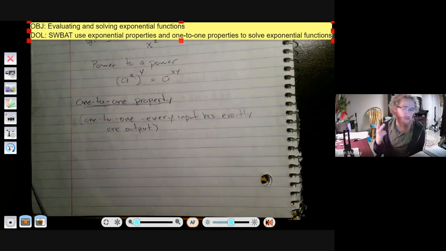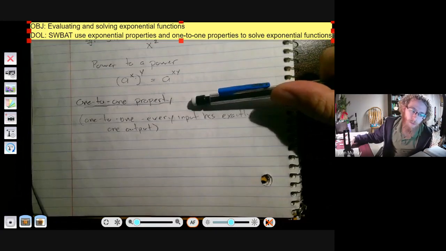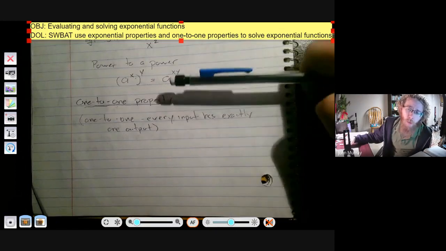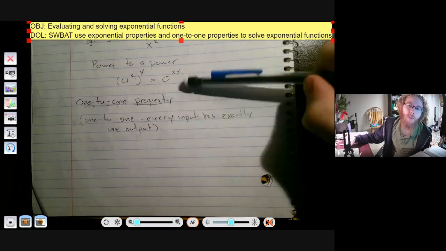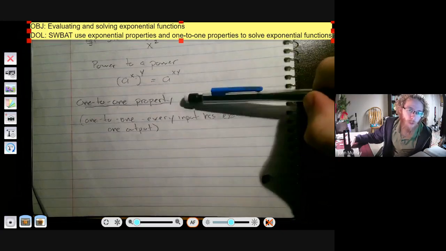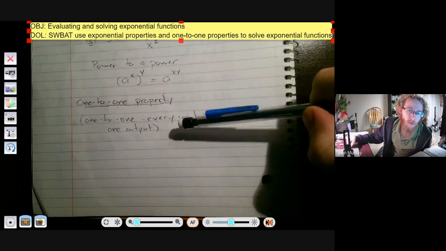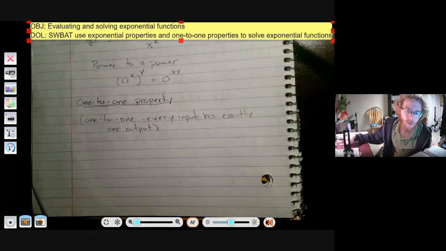There's two things that come along with one-to-one. The first part, which we won't see for another couple days, if not next week, is that exponential functions have an inverse. That's a property of a one-to-one function. When we started talking about inverse functions, a function has to be one-to-one in order to take the inverse.